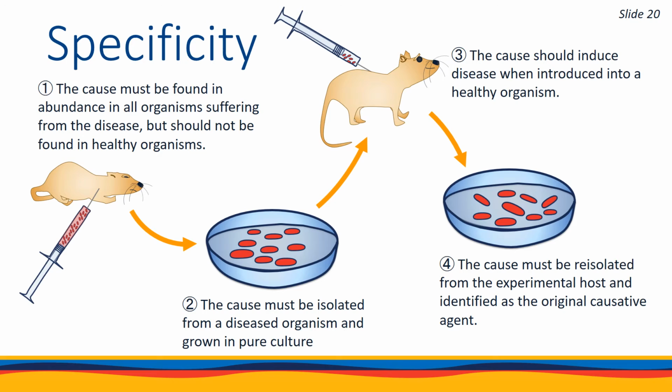On slide 20, the next is specificity. And here I present this in the context of Koch's postulates, which say that the pathogen you're considering is associated with the illness, that in absence of the pathogen you do not have the illness, and when the pathogen is present, you do have the illness.